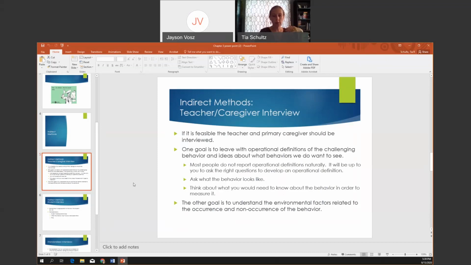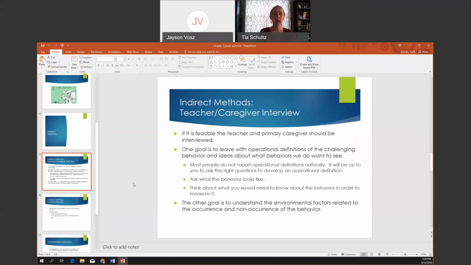The goal of the interview is to start narrowing in on an operational definition. And an operational definition is the definition of the challenging behavior that we use that is measurable and observable. So instead of saying something vague like the student is having tantrums, or the student has outbursts, or the student doesn't get much work done, those things are kind of vague. We want to pinpoint it.